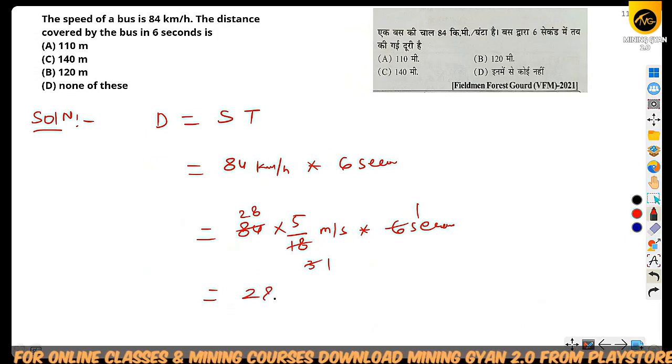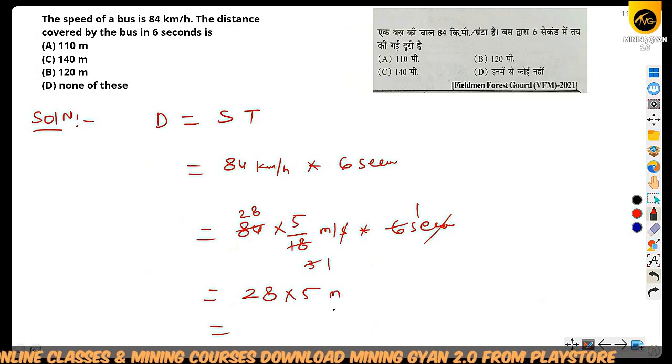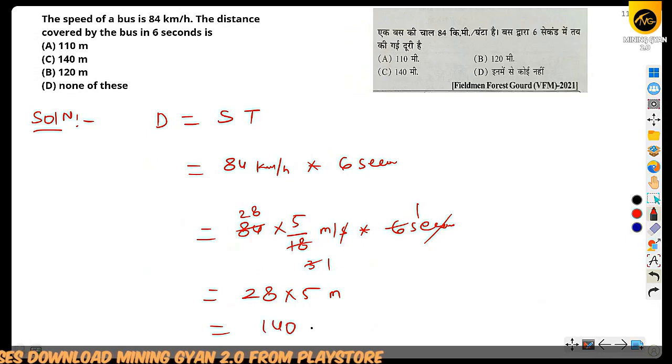So 28 into 5. Second cancels because it is meter per second, that means second is in the denominator and in the numerator there is one second, so you can cancel out second and second. There is only meter available in the equation. Now 28 into 5 means 140. So 140 meter is the correct answer.